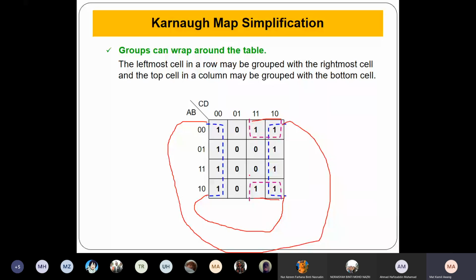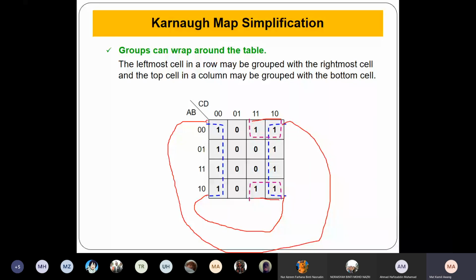So, a group of 4. The leftmost cells in a row may be grouped with the rightmost cell. Actually, this is the leftmost cell, we group with the rightmost cell. And the top cell in a column may be grouped with the bottom cell.